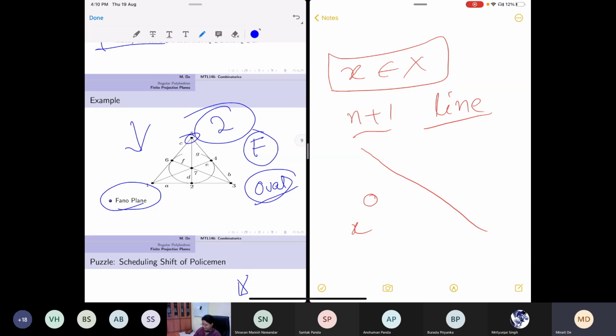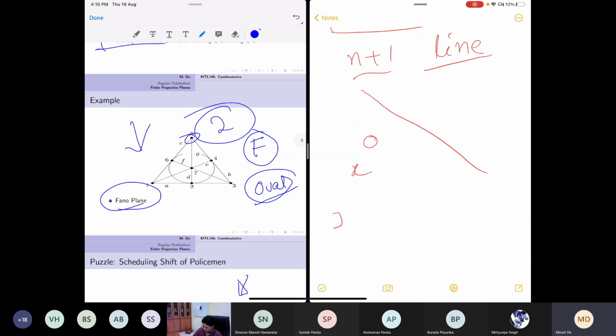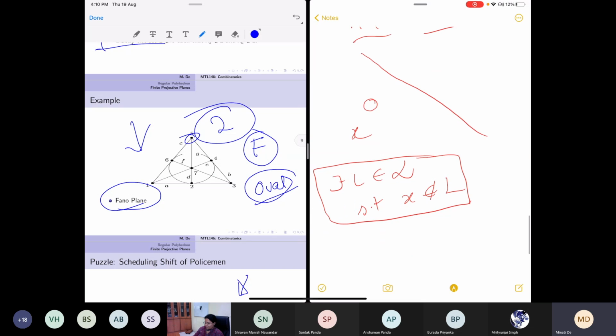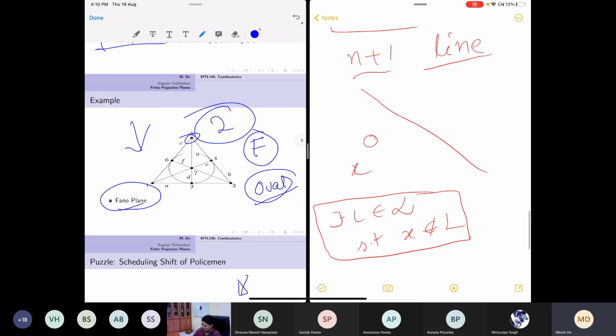There exists a line L such that x does not belong to L. Can you prove this statement? If this is true, let's say for the time being this is true, so this is my L which doesn't pass through this point x.